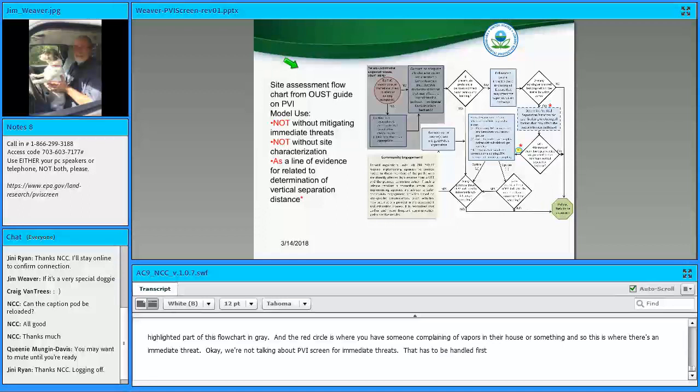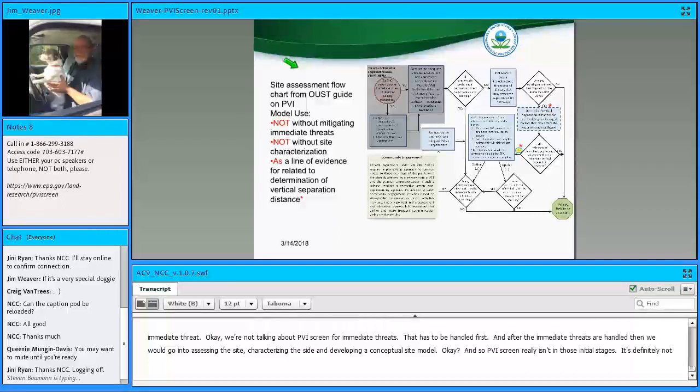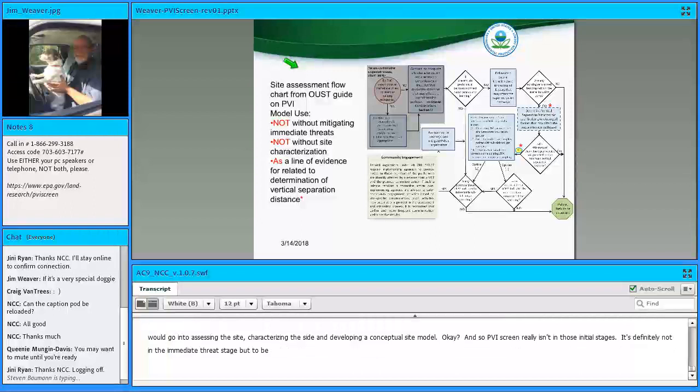And after the immediate threats are handled, then we would go into assessing the site or characterizing the site and developing a conceptual site model. Okay, and so PVIScreen really isn't in those initial stages. It's definitely not in the immediate threat stage, but it's to be used in assessing the site once we are characterizing the site and once we are beginning to assess it.